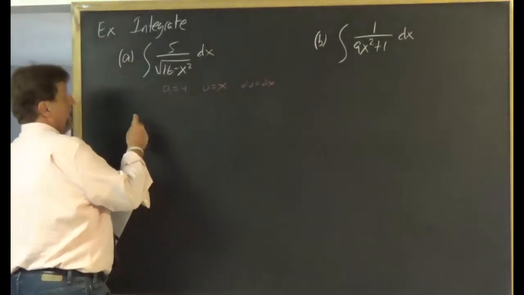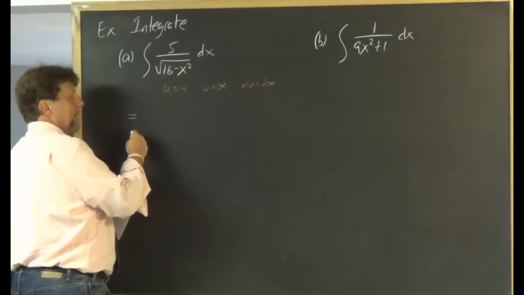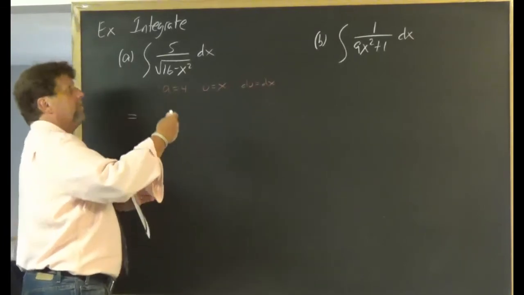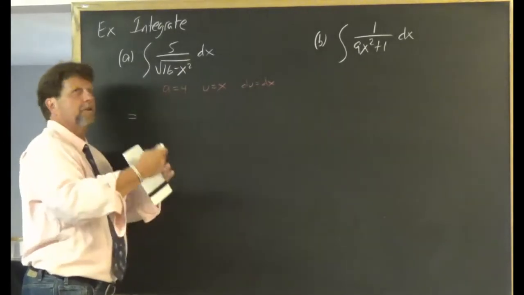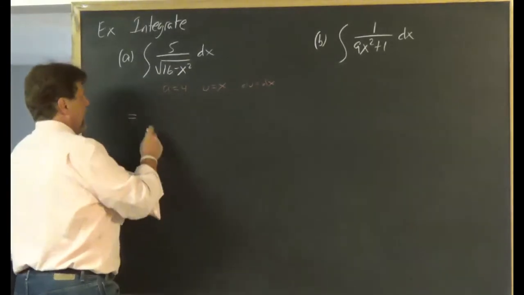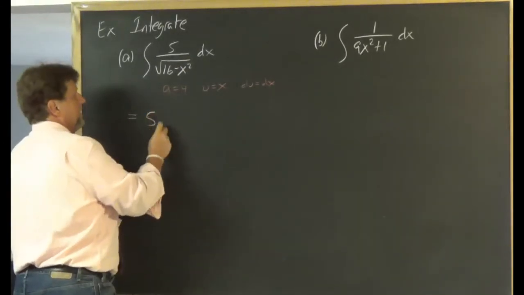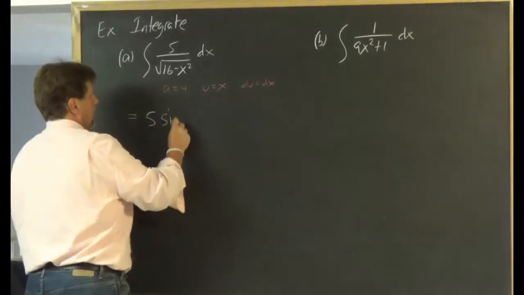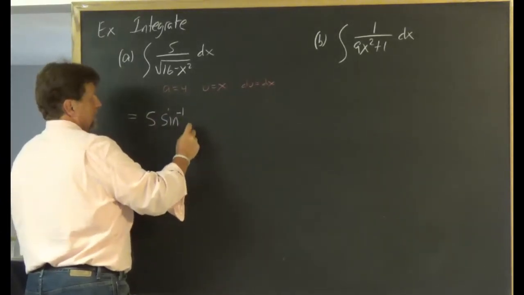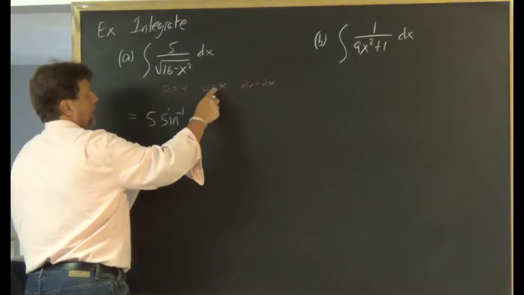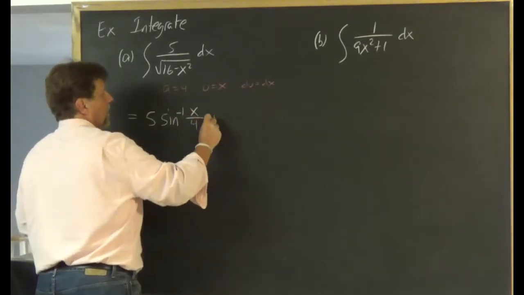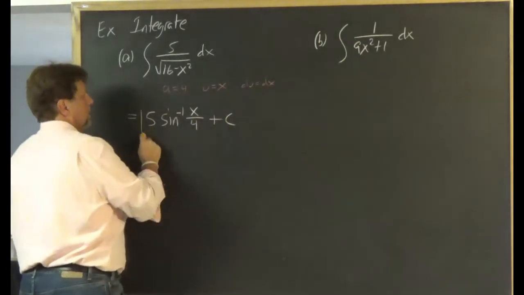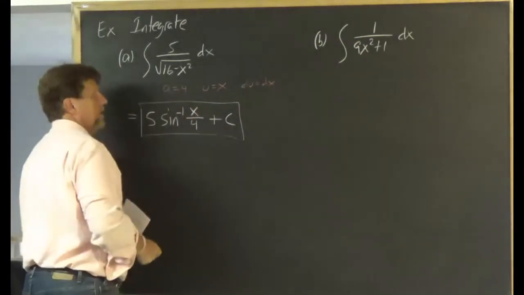So just knowing the structure of the integral, the way it looks, that produces inverse sine, knowing that formula, I immediately have the antiderivative is 5 inverse sine u over a, x over 4, plus c. Done in one step.